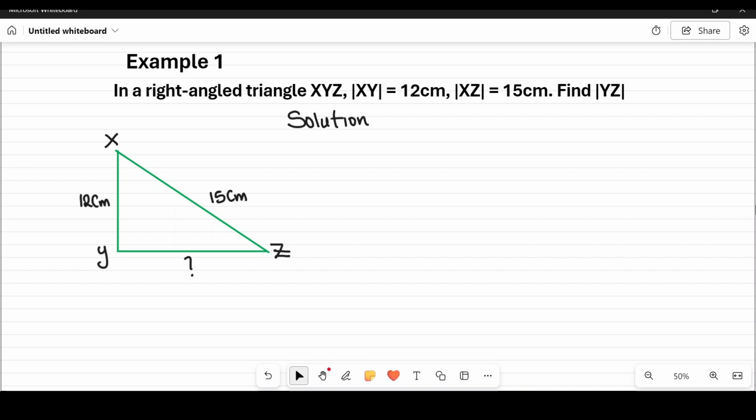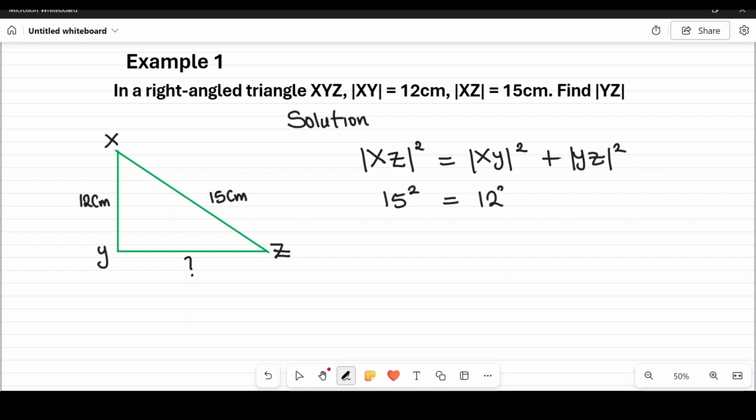We know from our Pythagoras theorem that XZ all squared is equal to XY squared plus YZ all squared. So therefore our XZ is 15 cm, our XY is 12 cm, plus our YZ, which is what we are looking for.